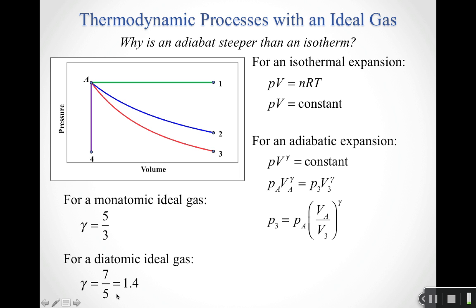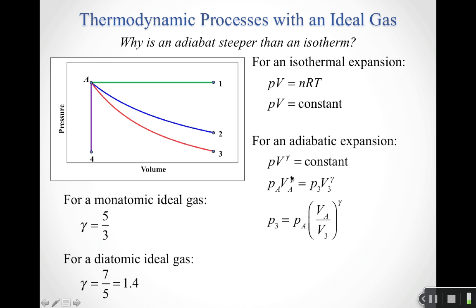For a diatomic ideal gas, gamma is 7/5. After that, once you go to more complicated ideal gases, it depends on the particular structure of the gas. But for monatomic and diatomic, we're basically going to be able to use these two simple values. And what you notice is both of those values are larger than 1. That's the important thing here.